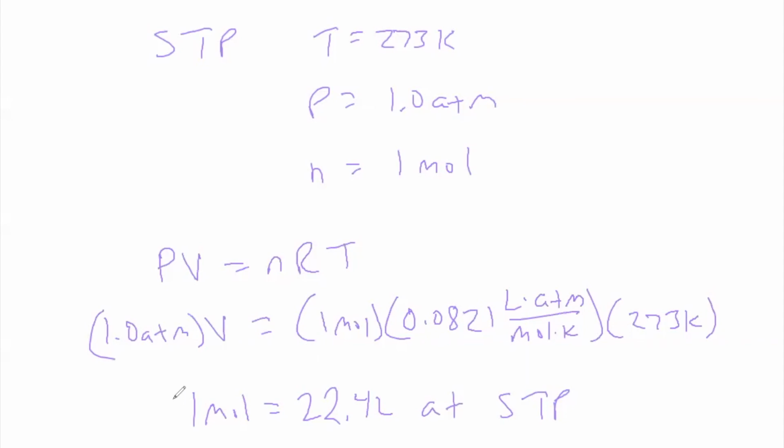But if you memorize Avogadro's law, that's what his law says. Either way would work for that one. If you go back to number 35D, Avogadro's law, that's what you'd put in for his law. 1 mole equals 22.4 liters at STP.